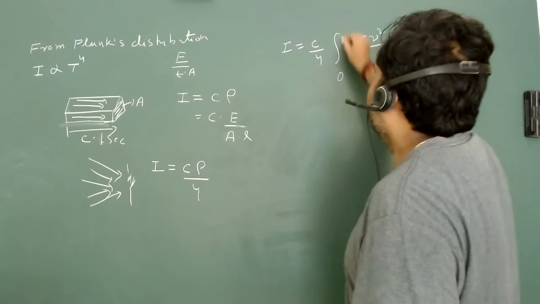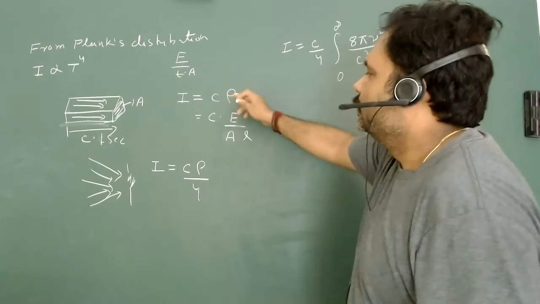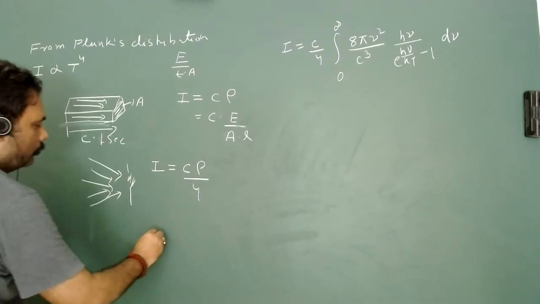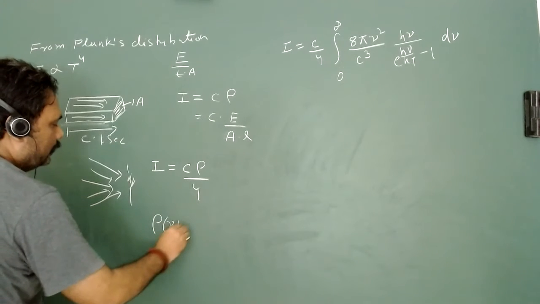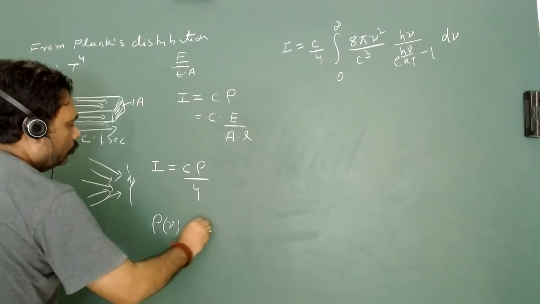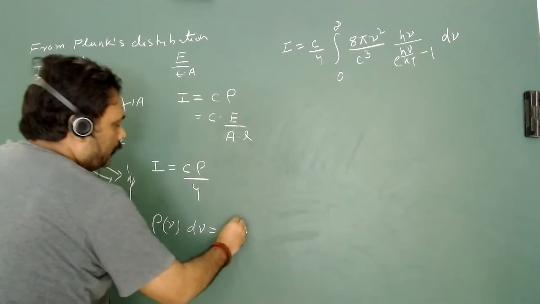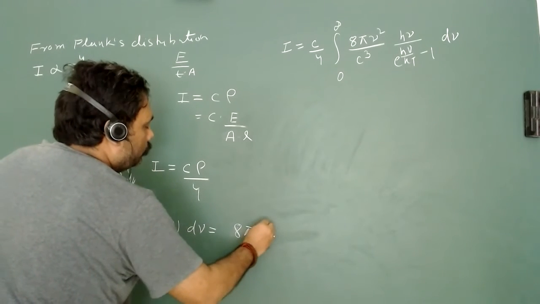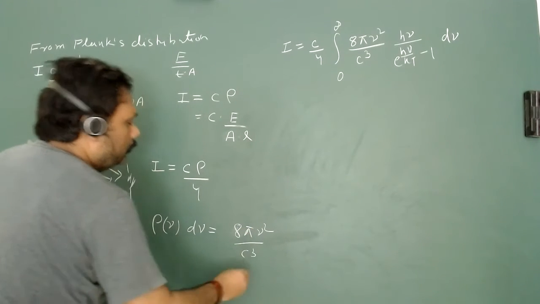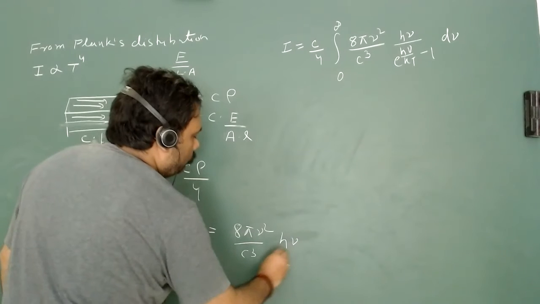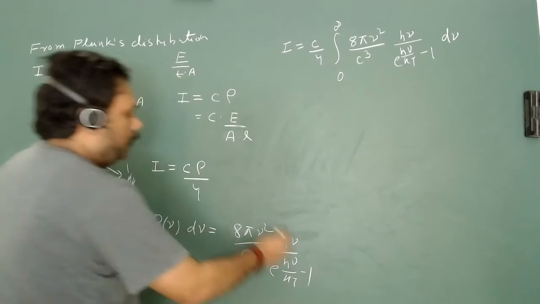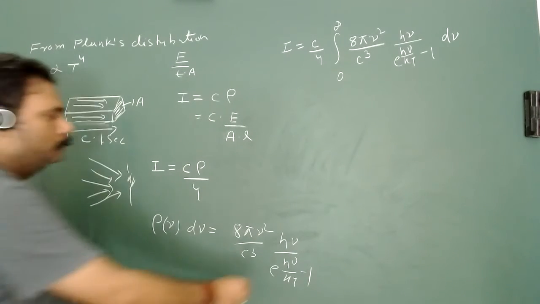We have the earlier density formula from Planck: rho nu d nu equals 8 pi nu square upon c cube, h nu, upon e to the power h nu upon kT minus 1, d nu.